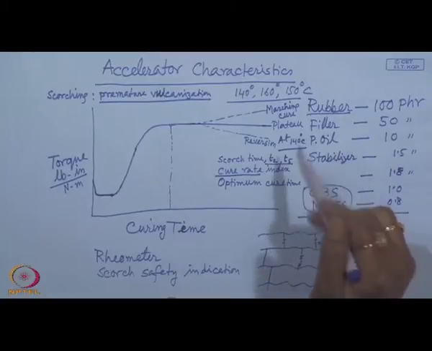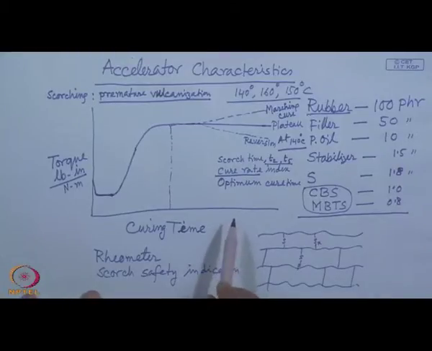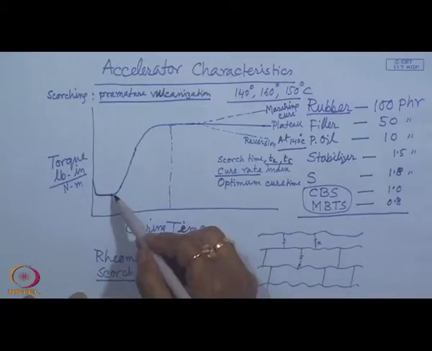That means, the temperature rises, so it should remain uncross-linked at that temperature during processing and fabrication. If that reaction starts during fabrication, that is known as scorching or premature vulcanization, and that should be prevented. In order to get that information, the scorch time information is very much important.